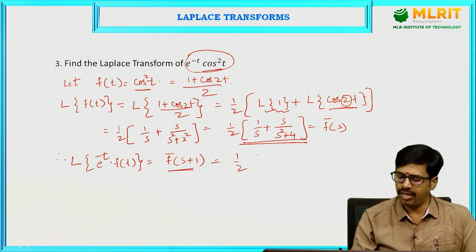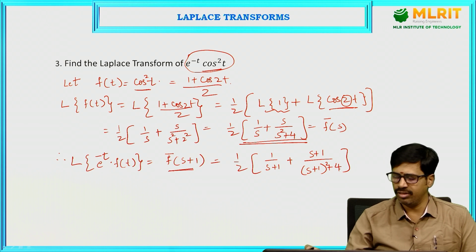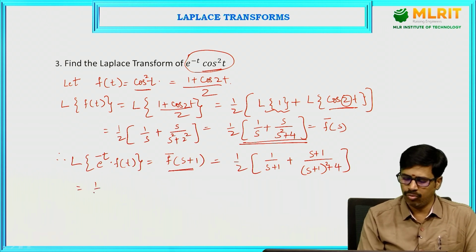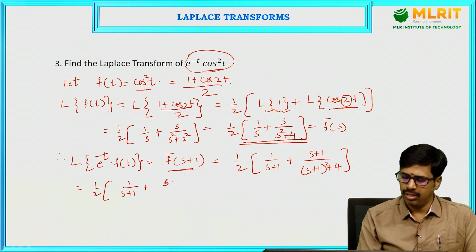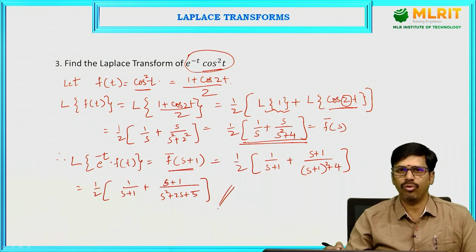So, this can be written as 1 upon s plus 1 plus s plus 1 by s plus 1 whole square plus 4. Further we can simplify this. So, this can be written as 1 by 2 into 1 by s plus 1 plus s plus 1 by s square plus 2s plus 5. Still, if you want to simplify further you can, otherwise you can leave it up to here, right.